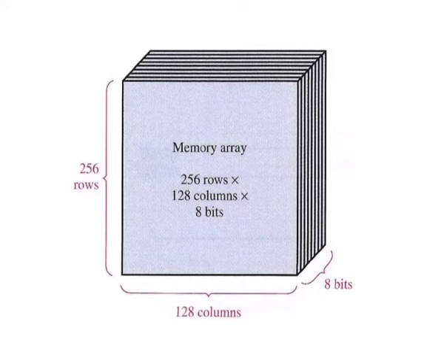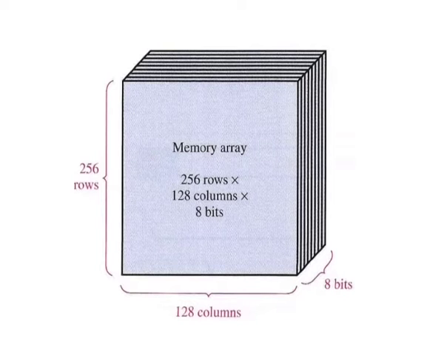Memory array. SRAM chips can be organized in single bits, nibbles, bytes or multiple bytes. Figure shows the organization of a typical 32K x 8 SRAM. The memory cell array is arranged in 256 rows and 128 columns, each with 8 bits.